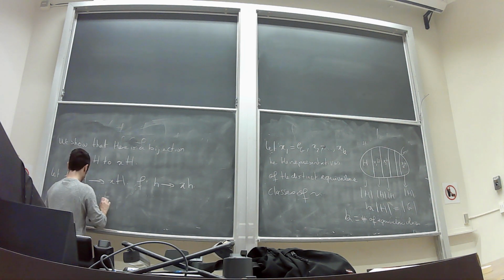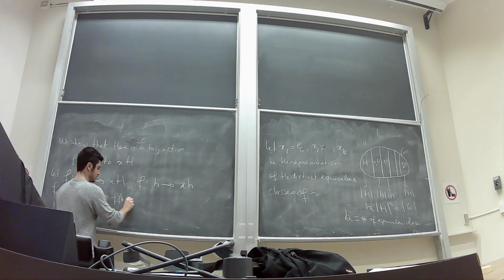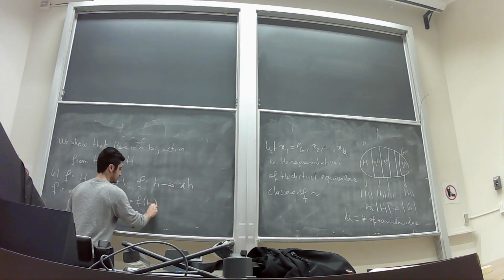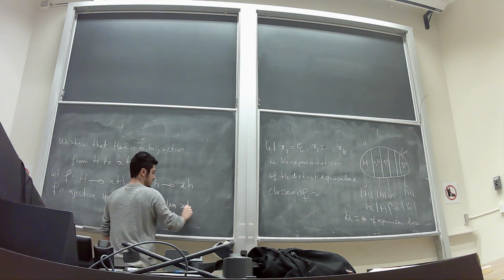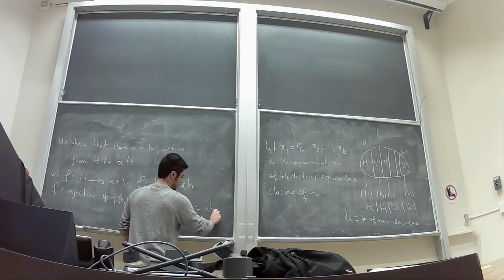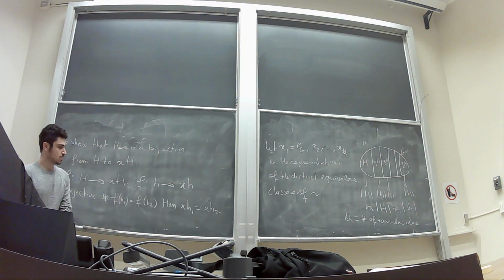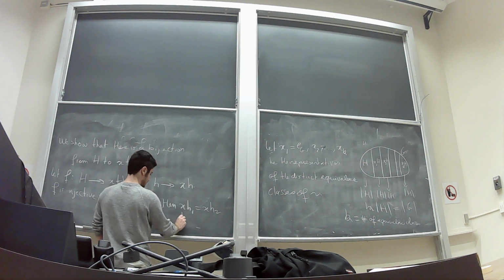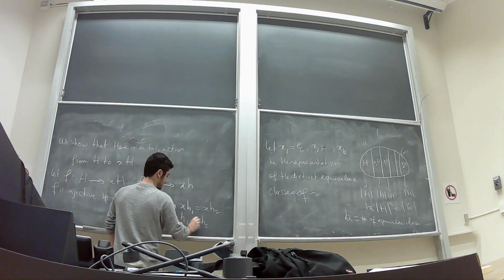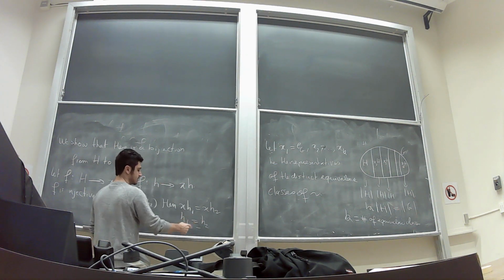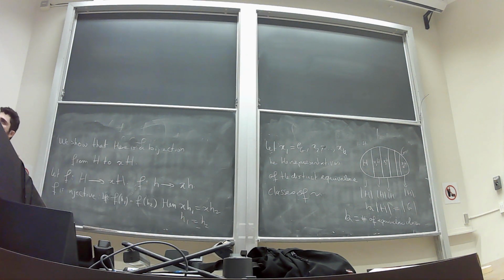What do I need? If f of h1 is equal to f of h2, then xh1 is equal to xh2. Cancel the x's out, and you get that h1 is equal to h2. When I say cancel the x's out, what do I mean?